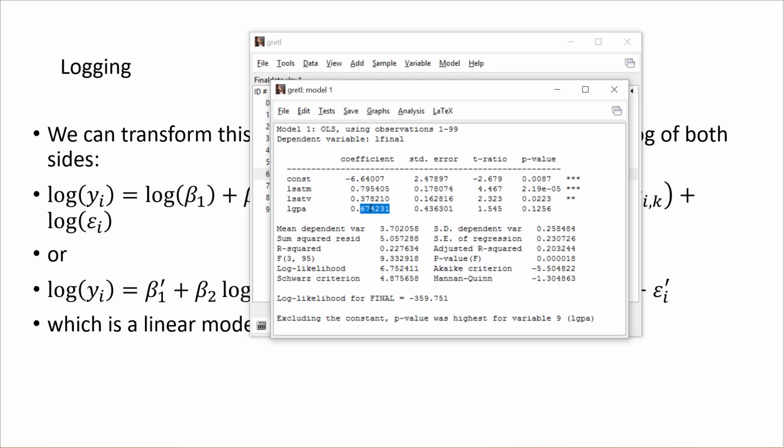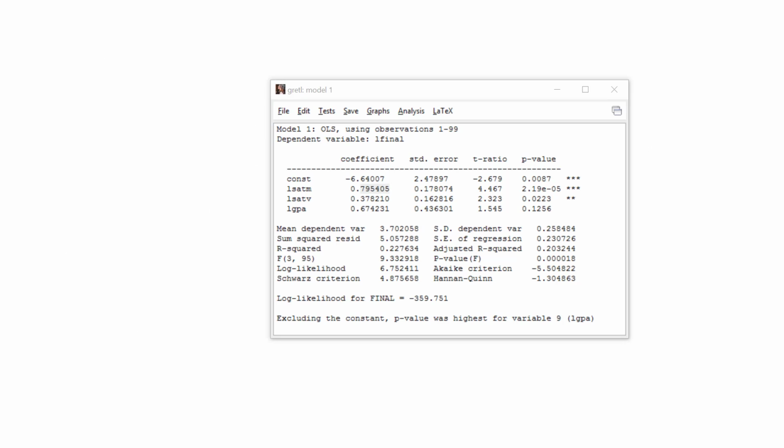Well, approximately that at least. So let's try to figure out why this tells us that when SATM increases by 1%, the final score increases by approximately 0.8%. That is why we need to use percent and not units when we work with the log-log model.